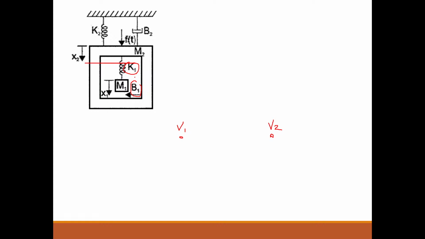B1 is 1 by R1 and K1 is 1 by L1, so both should be connected in parallel to each other. So between V1 and V2, draw a resistor and an inductor parallel to each other.